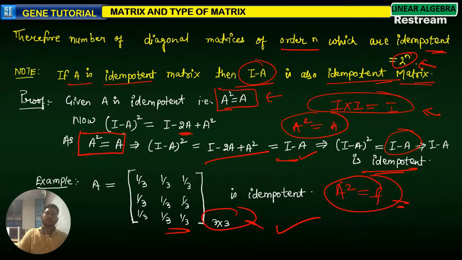Now (I minus A) square, we use the formula (a minus b) square, which is a square minus 2ab plus b square.